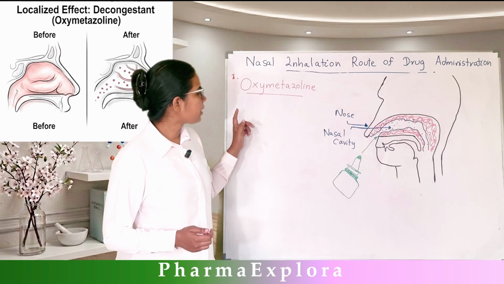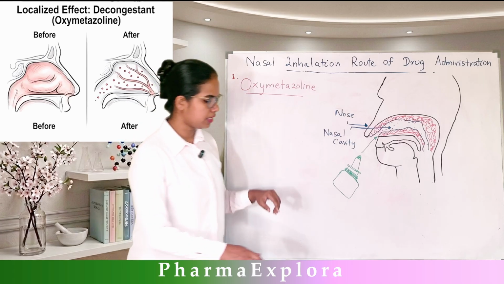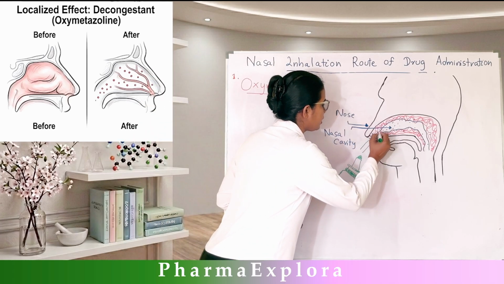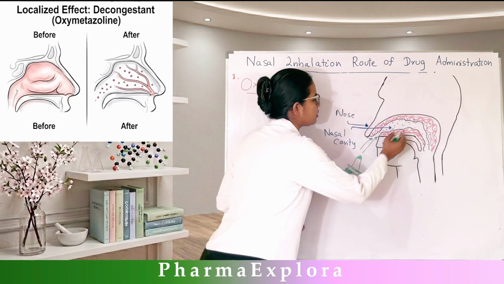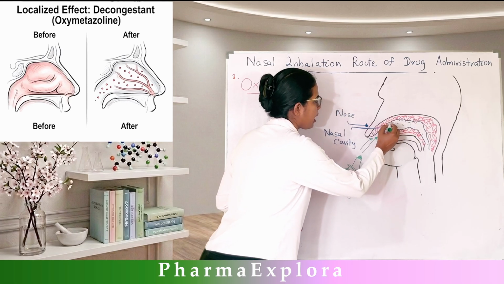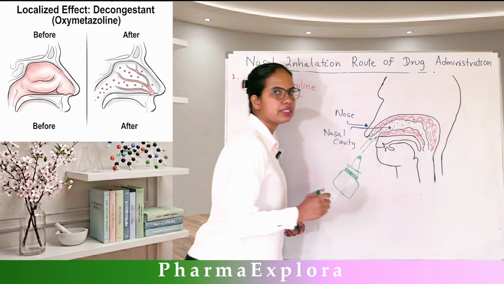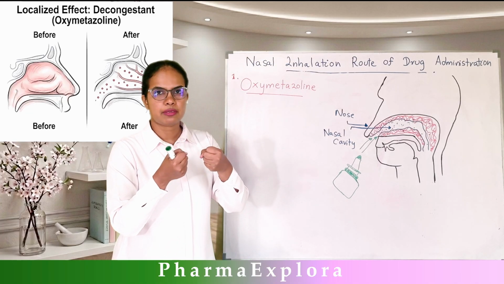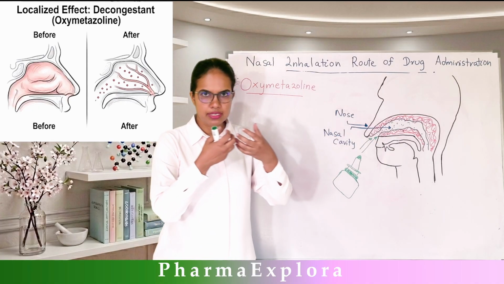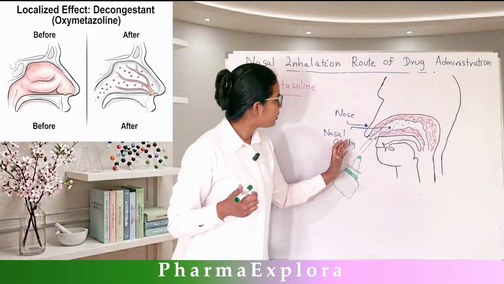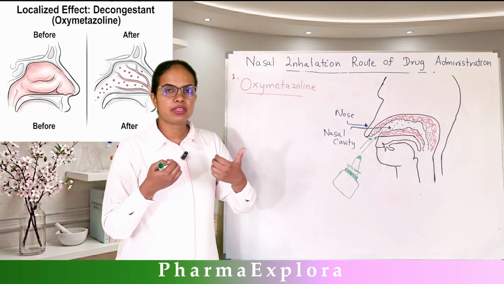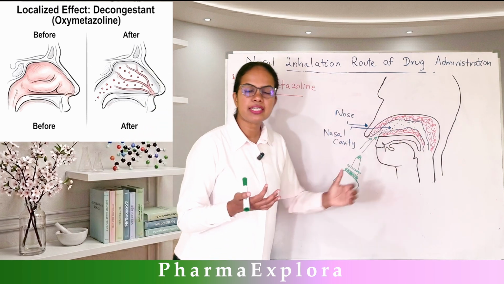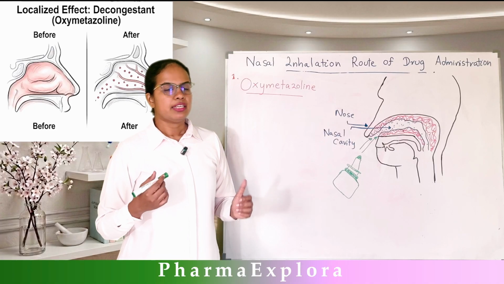Therefore, once we administer this oxymetazoline intranasally, what will happen in the nasal cavity? These drug molecules go into the nasal cavity and land on the swollen blood vessels and make these swollen blood vessels constrict. Once these blood vessels constrict, the space within the nasal cavity is cleared, so that you can easily breathe again.